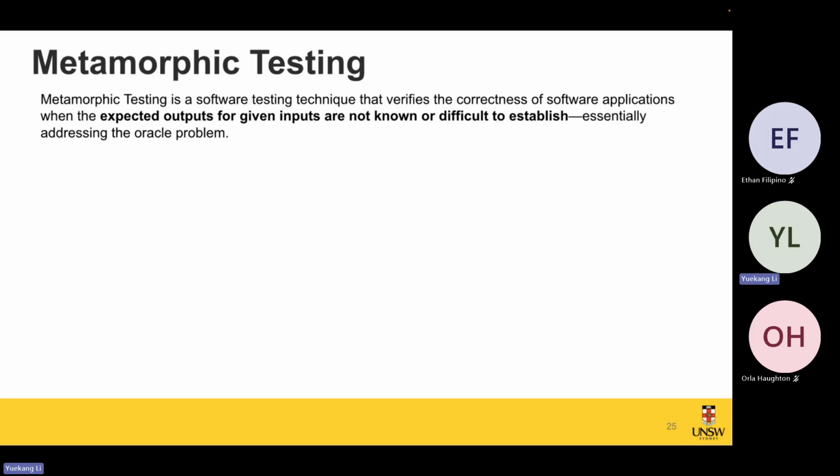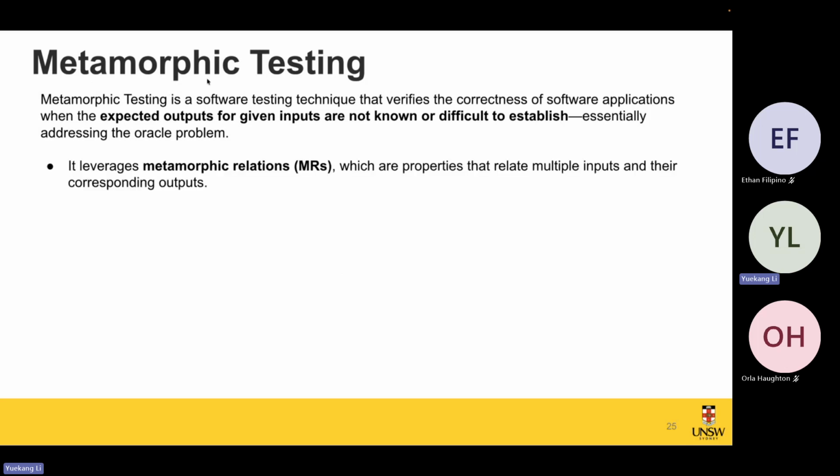In cases where we don't know how to get the expected output, we can try to use this technique. Why can it do this? Because we are trying to identify some metamorphic relations between different inputs and different outputs of the program, and use these relations to derive test oracles.